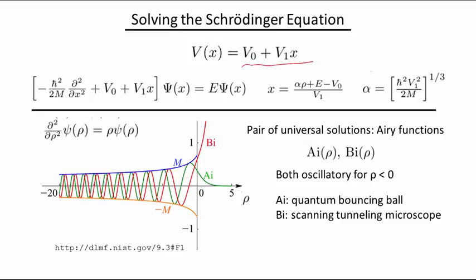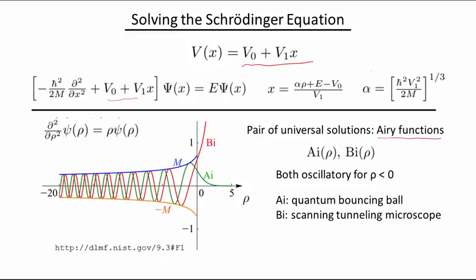Now, the solution of the Schrodinger equation for the linear potential has very nice properties. I suppose that the Airy functions must be less familiar to everybody than the exponential or the trigonometric functions.